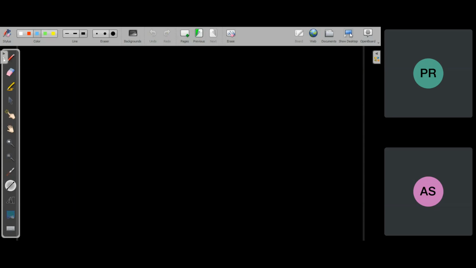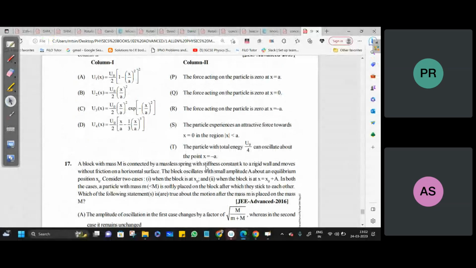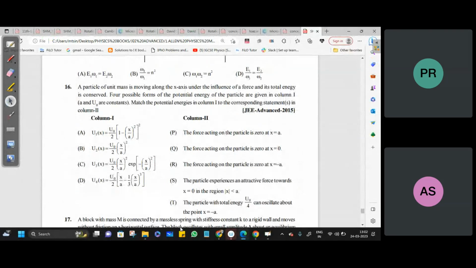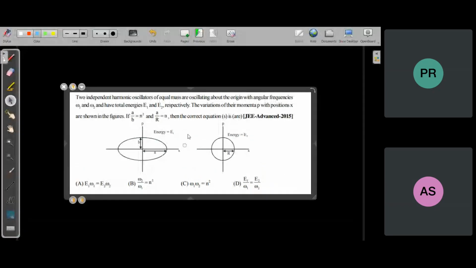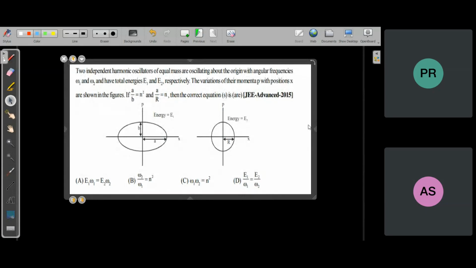Okay. So now you can go to the next. This is again a PYQ IITJEE 2015 question. Try this one.